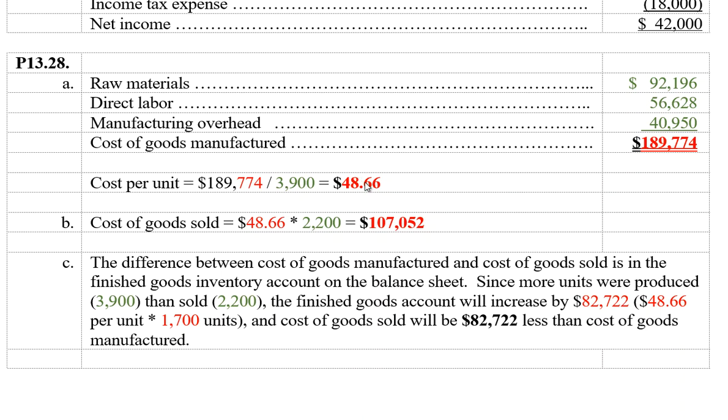Well, we took this 4,866 and multiplied it by the difference between the two, 1,700 units. So that means that the cost of goods sold will be 82,722 less than the cost of goods manufactured. So that's very, very clear here, but just understand where those numbers come from.